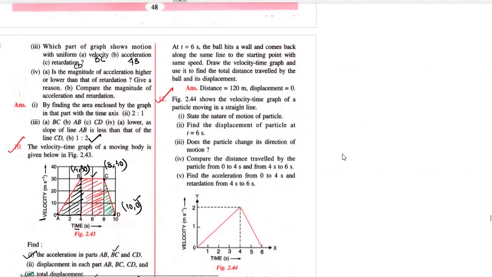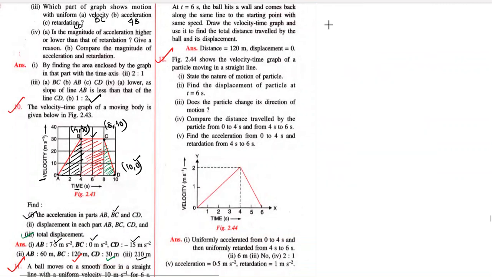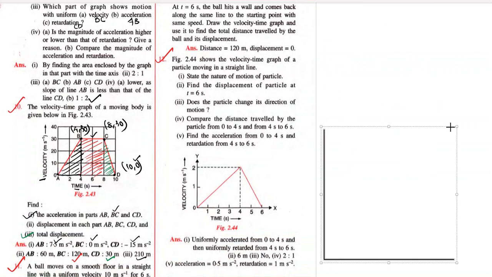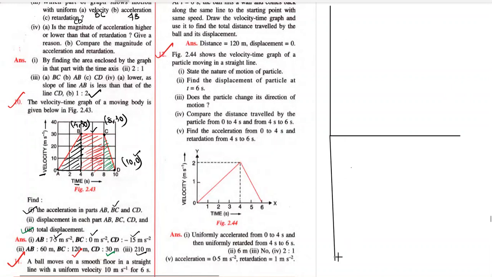Okay, so let's first draw the graph. Now what we need to do over here is draw this graph not only in the first quadrant but also in the fourth quadrant.